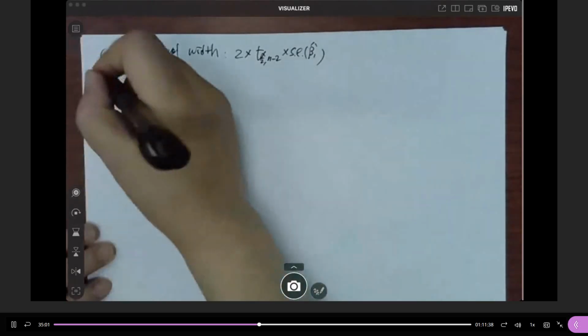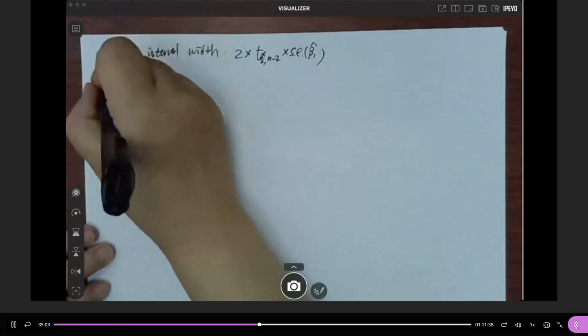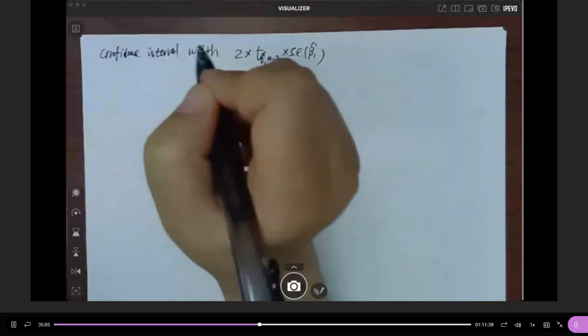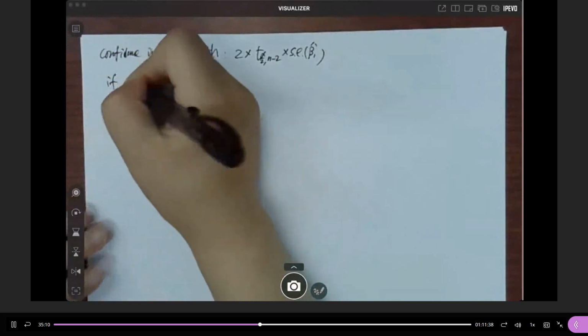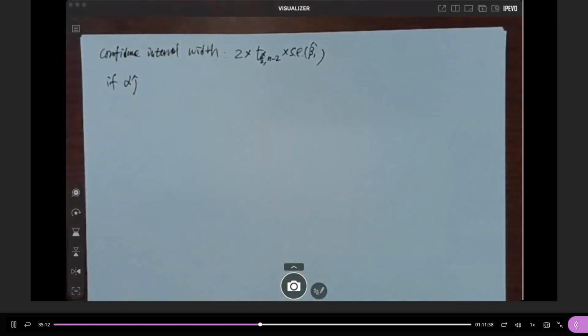So if something changes, the confidence interval width will change. Let's say alpha increases. What will happen to the confidence interval?